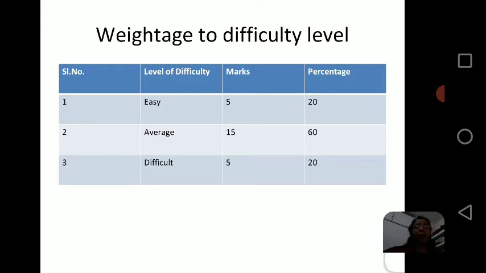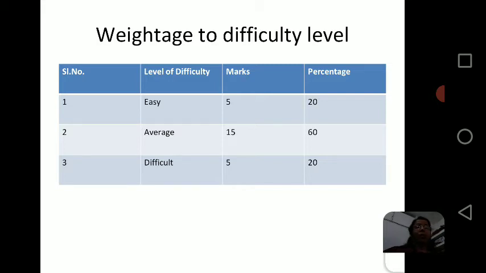And this classification or this distribution depends on the type of learners in your class. The more learners are average students, you need to include more questions at average level, or if the majority of your students are below average students, you need to include more easy questions, and if the majority are above average students, you need to include more difficult questions.